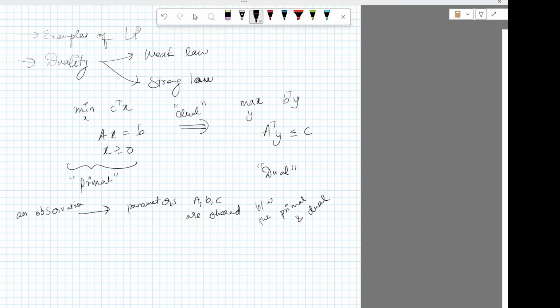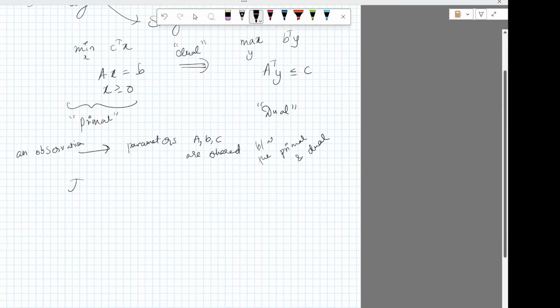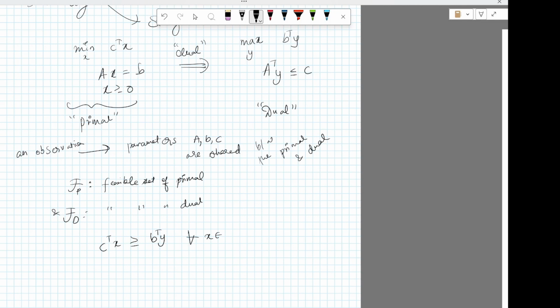What the weak law says is, if FP is the feasible set of the primal, and if FD is the feasible set of the dual, then C transpose x is greater than or equal to b transpose y for all x in FP and y in FD.